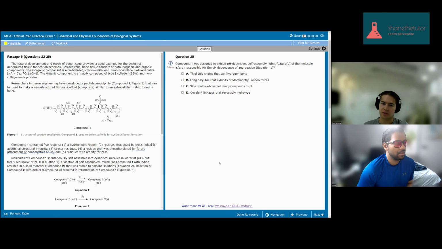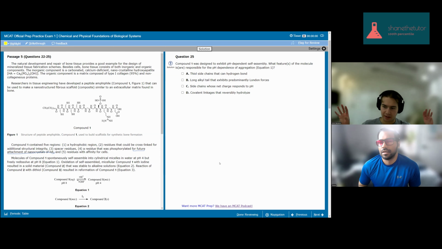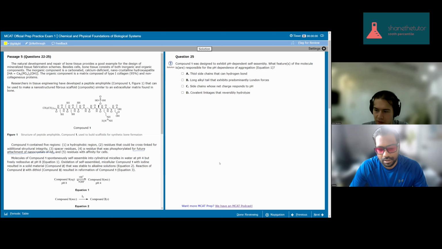Is that when the protein folds because the hydrophilic is on the outside and it aggregates? So this isn't even something that we're expected to know. They're telling us, so it's not going to be the folding stuff.